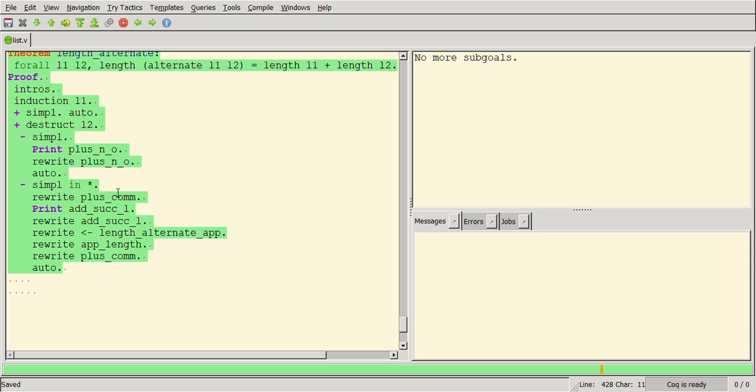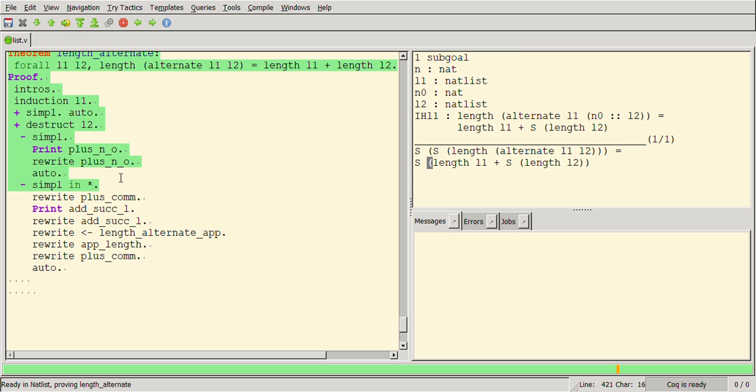I think we have made a mistake here, and if we do not use this plus commutative property, then we would not need it again. Let me just skip to this point.